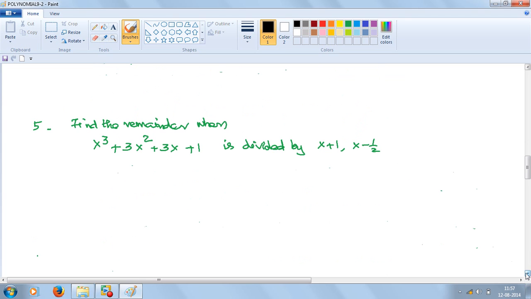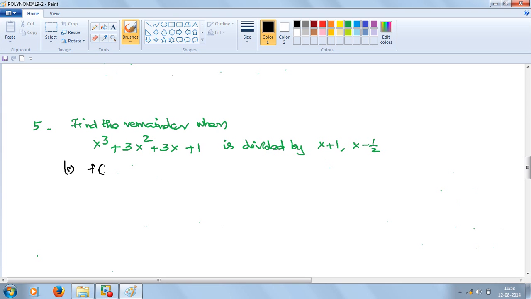Find the remainder when x cube plus 3x square plus 3x plus 1 is divided by x plus 1. First problem, and x minus half is next problem. Okay, now two portions. So the first one we take as f of x is equal to x cube plus 3x square plus 3x plus 1. a is equal to minus 1.